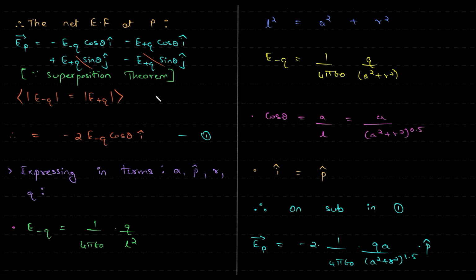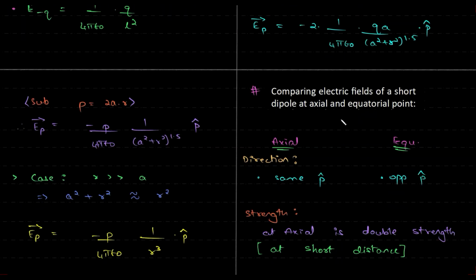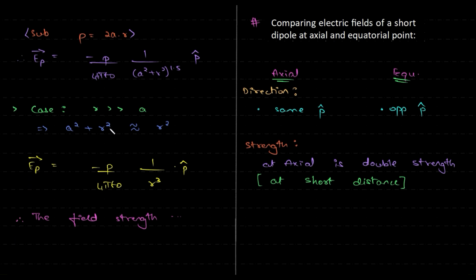And finally, we need to express all of these terms in terms of A, dipole moment, R, and Q. Unit vector is equal to I, cos theta is equal to this expression, and so on. Quite simple. When you substitute it, you end up with a pattern where 2AQ is equal to P, the magnitude of the dipole moment. You can express it in that term, and that's your derivation.